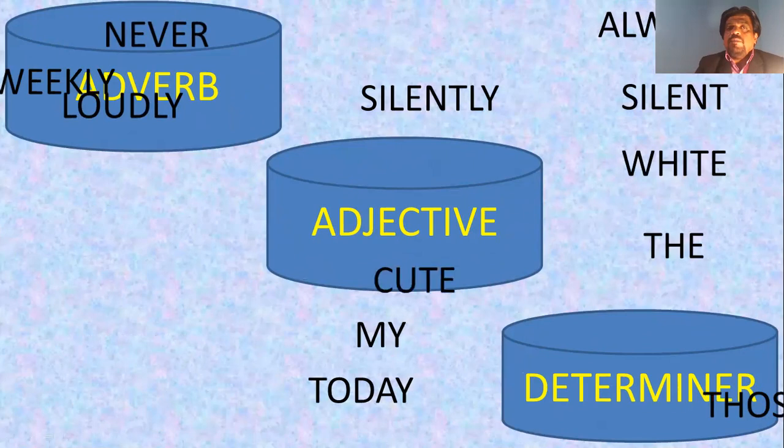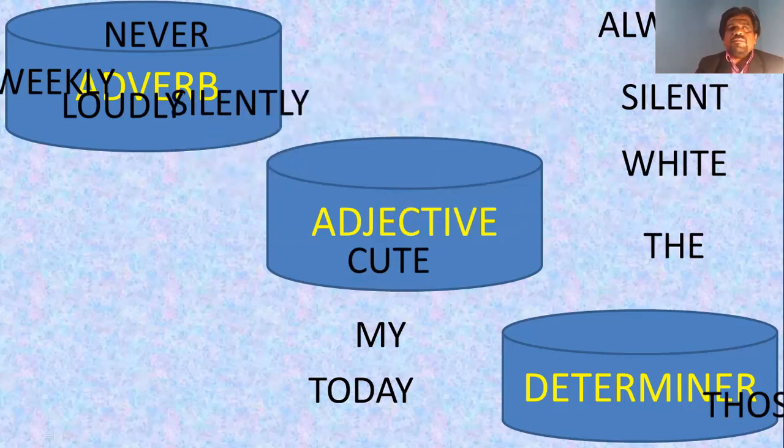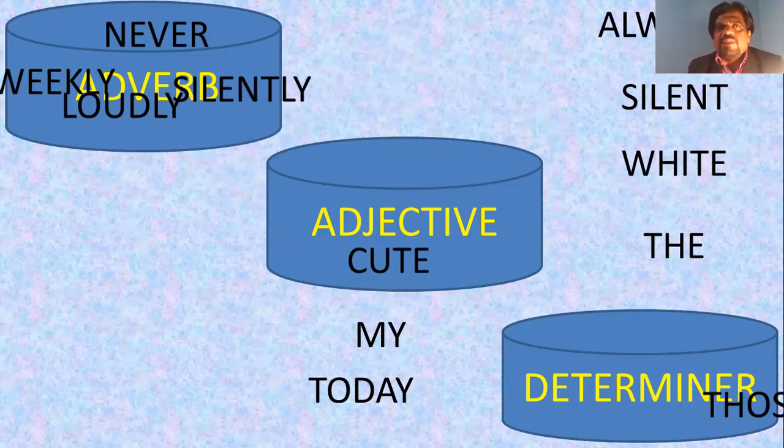Cute: you can remember cute boy, cute girl, and there boy and girl are nouns, and cute is an adjective. Silently. It is interesting to note that most of the adverbs end with 'ly.' Sometimes I feel that they are Chinese words, because just like most Chinese person names end with 'li,' most of the adverbs also end with 'ly.' So they are not Chinese words, but sometimes we can remember it in that way.